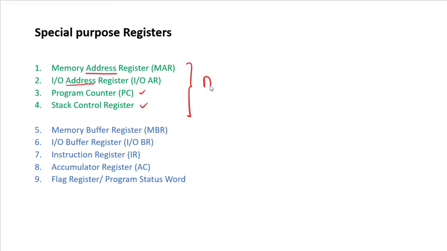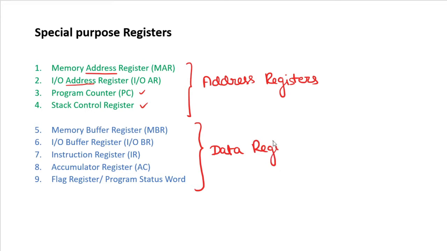So these are address registers. Whereas the ones written in blue are actually data registers. So they contain either instructions or values. These are data registers.